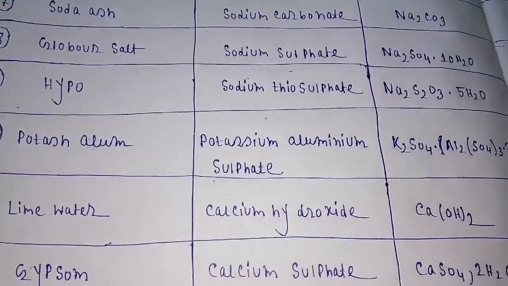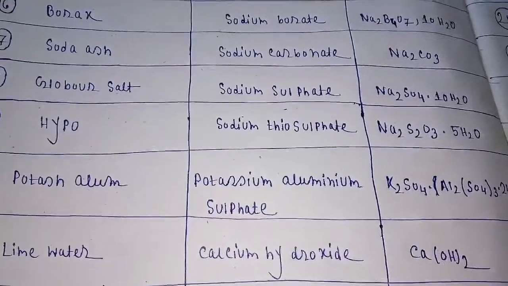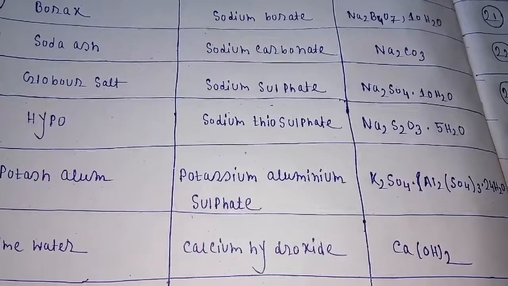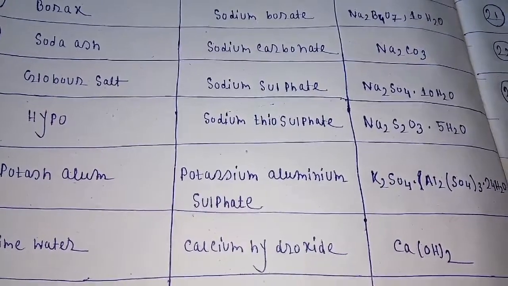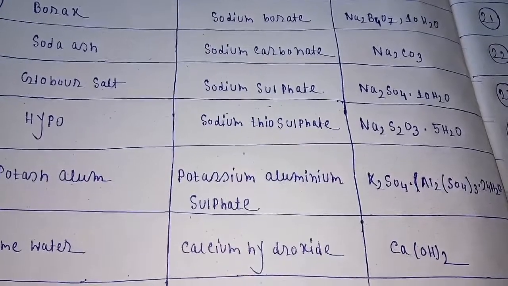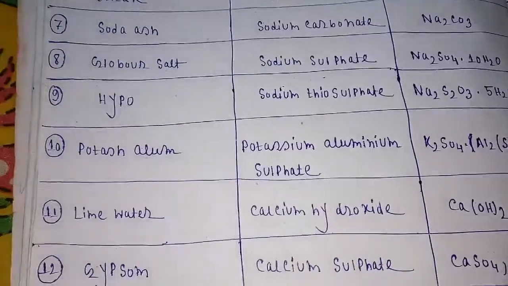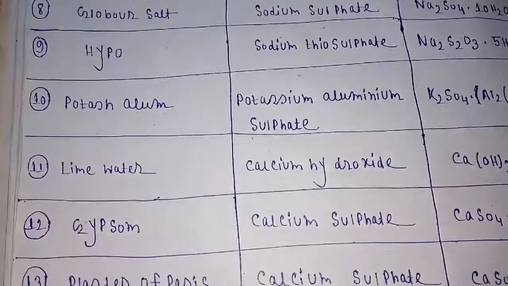And the formula is K2SO4·Al2(SO4)3·24H2O.